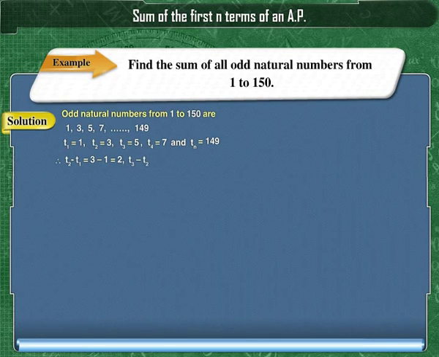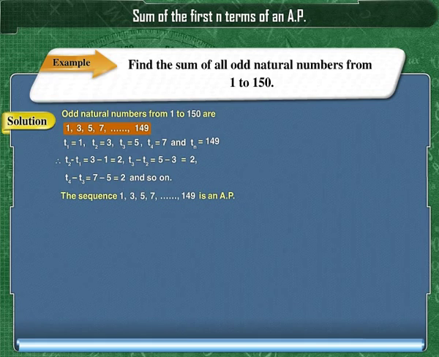T3 minus T2 is 5 minus 3, which is 2. T4 minus T3 is 7 minus 5, which is 2, and so on. Therefore, the sequence 1, 3, 5, 7 and so on till 149 is an AP. Therefore, A is T1 is 1, D is 2, and Tn is 149.